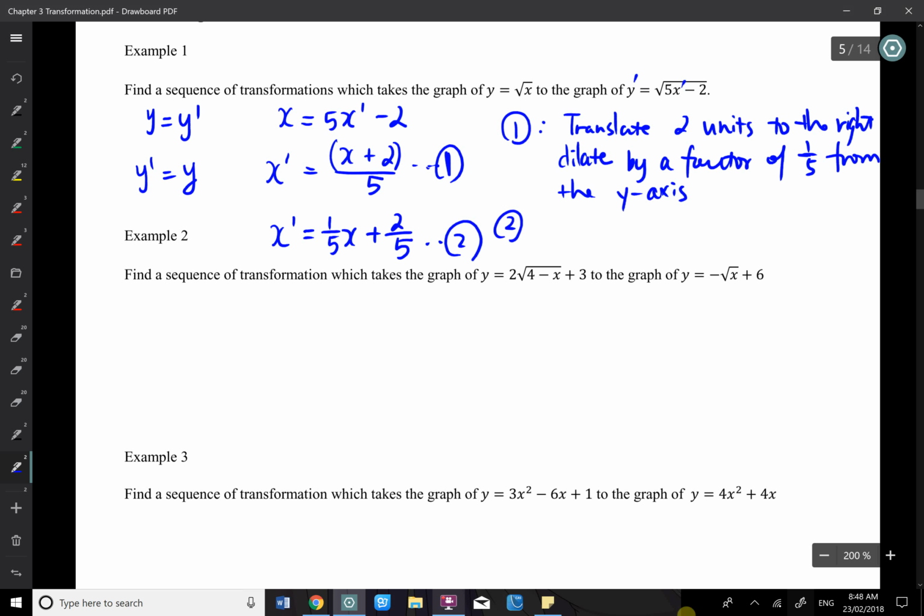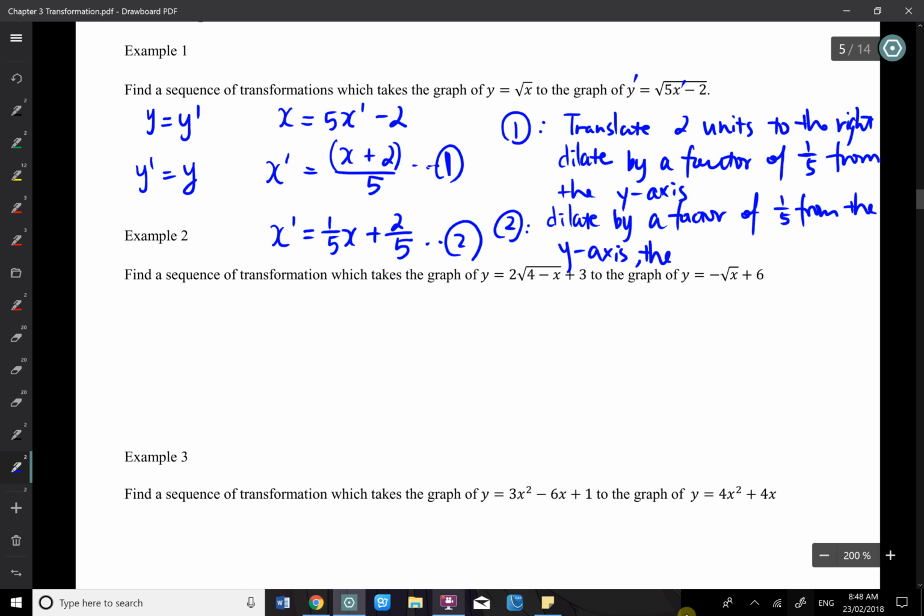If you use number 2, you will say, okay, same order as your calculation order. You will calculate 1/5 x first. That's a dilate by a factor of 1/5 from the y-axis, still y-axis.